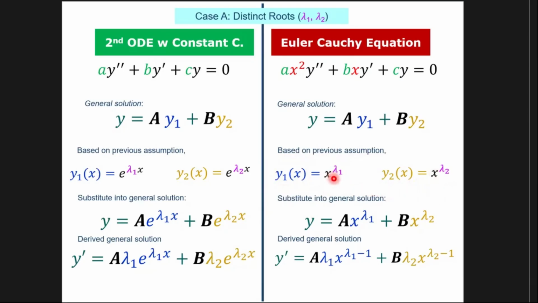Again, we substitute the values of y1 and y2 into the general solution, and we get this general solution specific to the Euler-Cauchy equation. I also provide the derived general solution here in case we need it later.